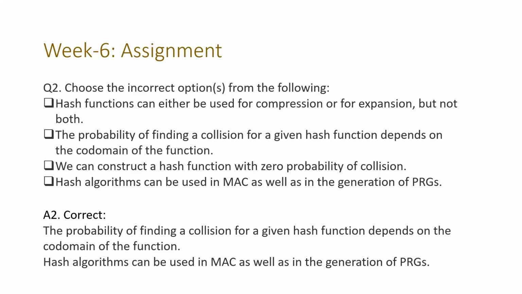If an adversary is able to come up with such a pair, we say it has been able to find a collision, and hence the collision resistance property of the hash function is not there anymore, right?